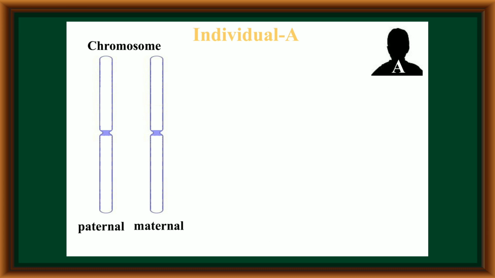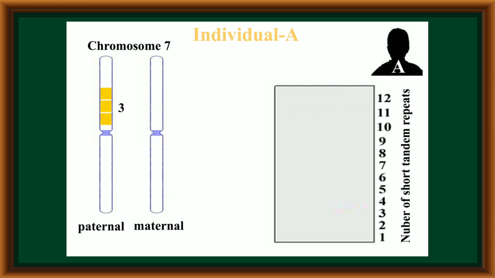For example, first we select the chromosome 7 pair. The paternal chromosome of 7 has 3 repeats, so in the autoradiogram it forms a band opposite to 3. In a similar way, the maternal chromosome of 7 has 4 repeats, so it forms a band opposite to 4.